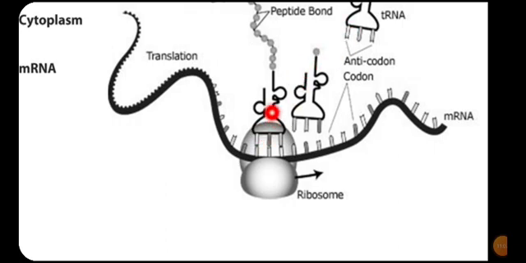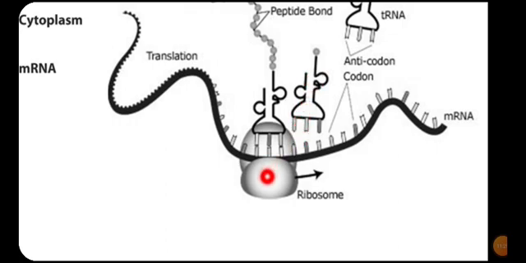This tRNA has already bound here. It is carrying amino acids, a peptide chain, which are bound together by peptide bonds. Now this tRNA carrying an anticodon complementary to this codon will appear here and bind here.